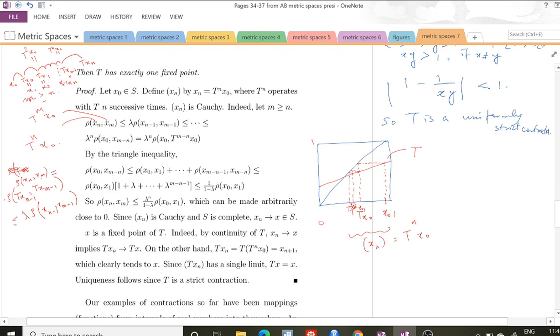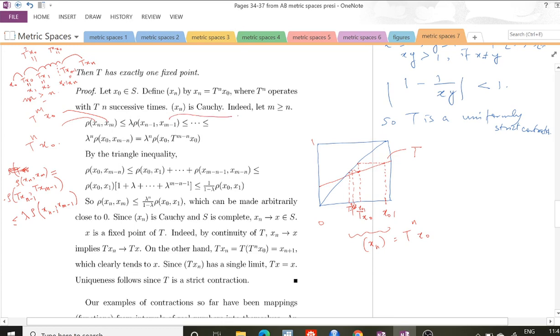So the distance between xn and xm is exactly the distance between T x_{n-1} and T x_{m-1}, and that's less than or equal to lambda times the distance between x_{n-1} and x_{m-1}. So that's this inequality. And I can do the same for x_{n-1} and x_{m-1}.